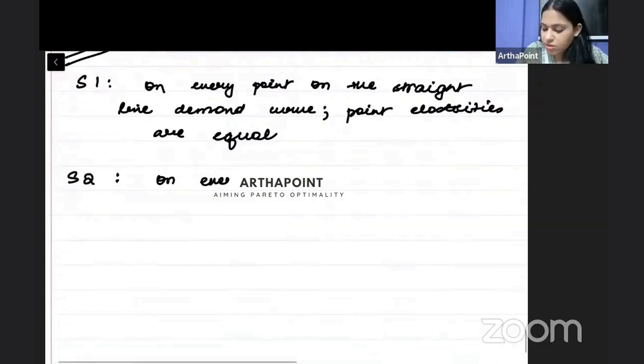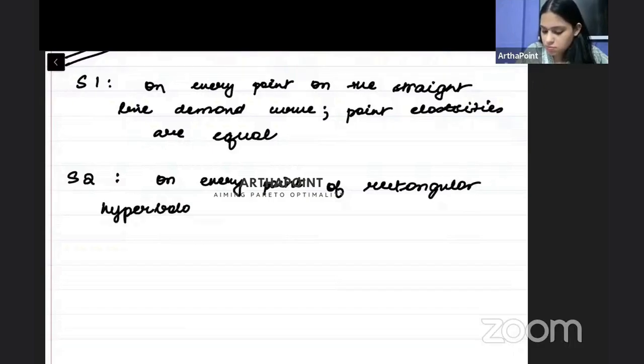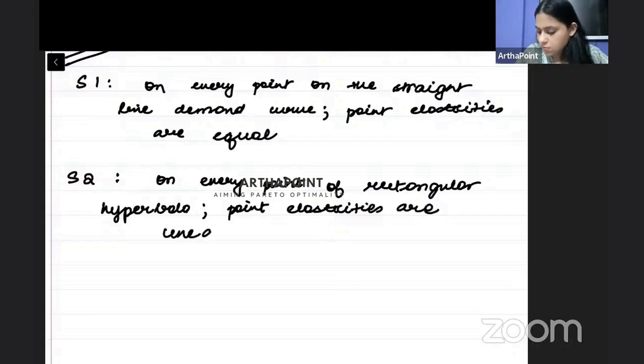On every point of a rectangular hyperbola, point elasticities are unequal. Option A. Both statements are correct.